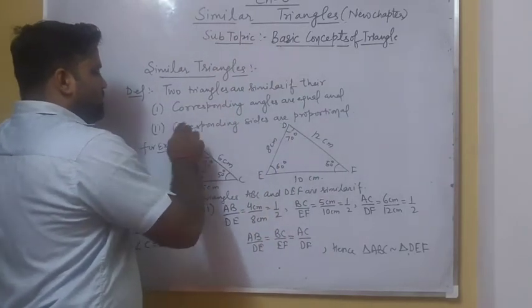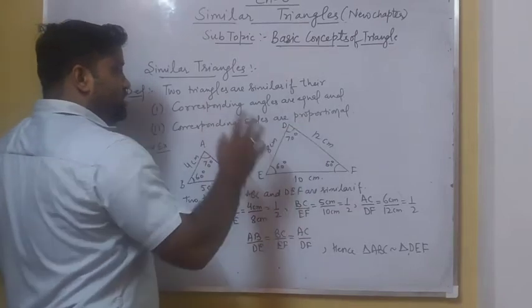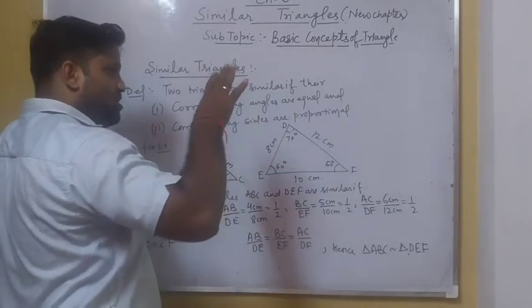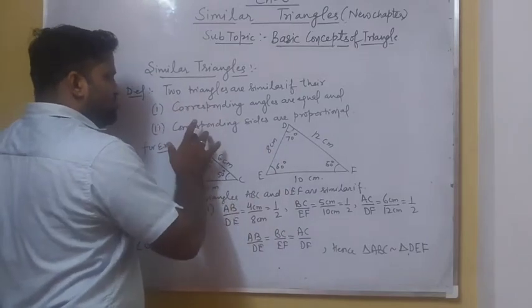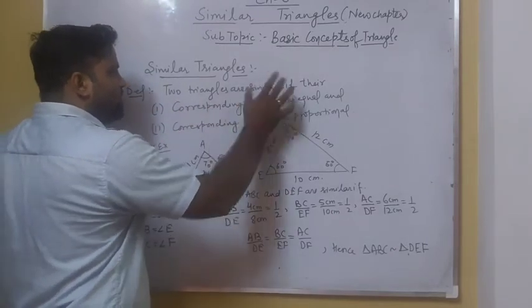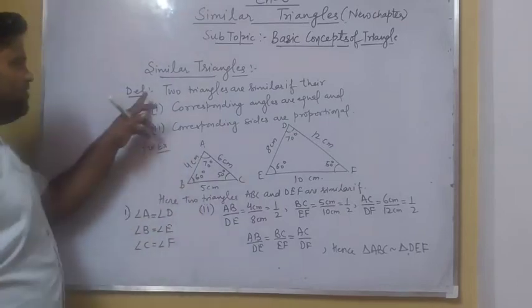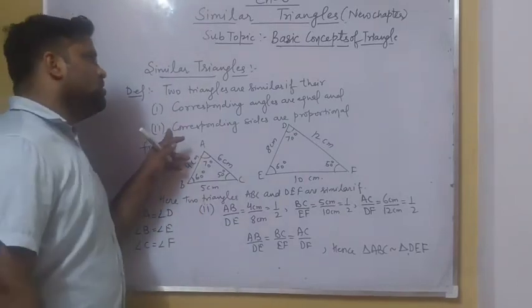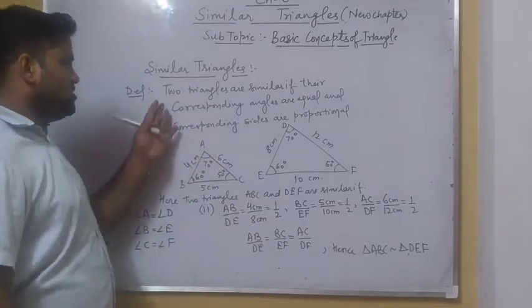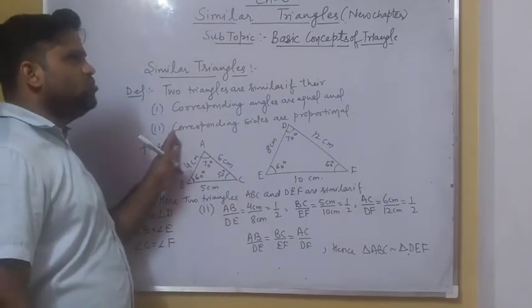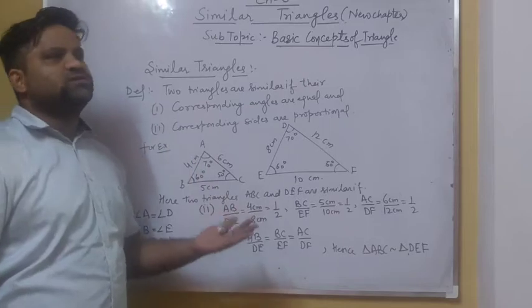In the second property, corresponding sides are proportional, meaning the ratios of corresponding sides are equal. If these two properties hold, we can say that the two triangles are similar. This is the criterion for the similarity of two triangles.